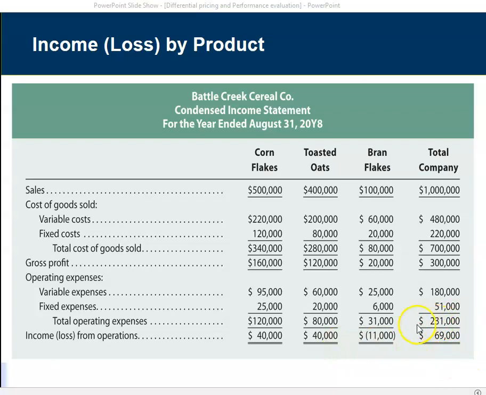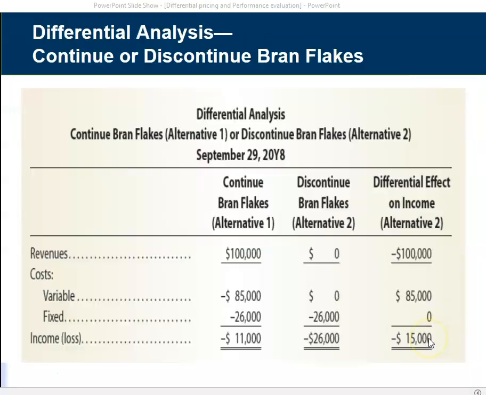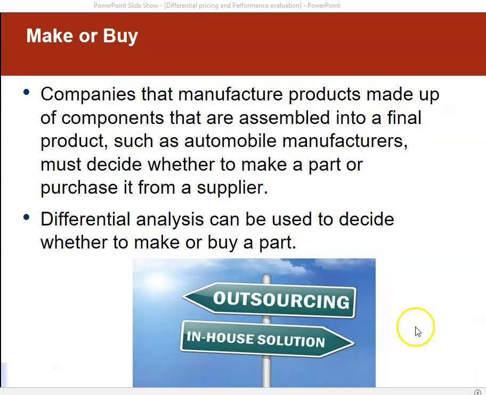We have total company income right now of $69,000. If we eliminate bran flakes, this $20,000 in product costs and $6,000 in fixed costs have to be moved over here. So instead of 80,000, we would have to subtract that 26,000 from those products, and we would have a profit of 54,000 rather than 69,000.